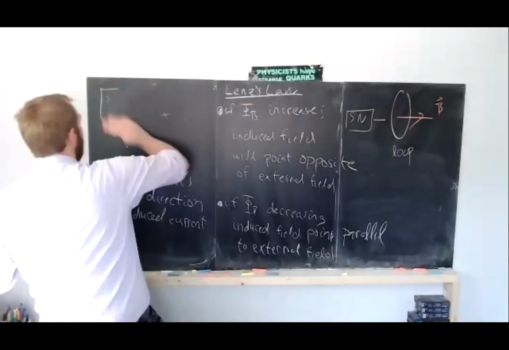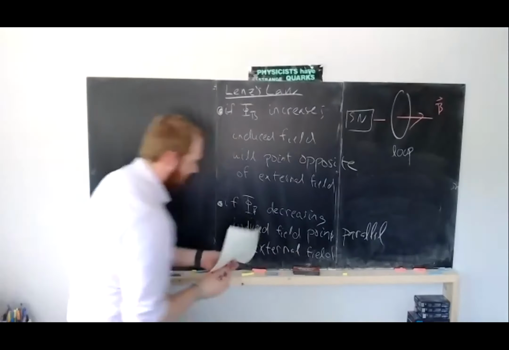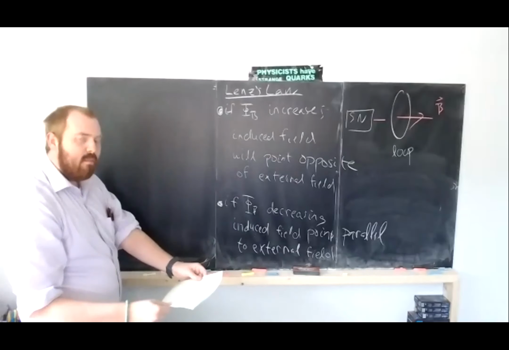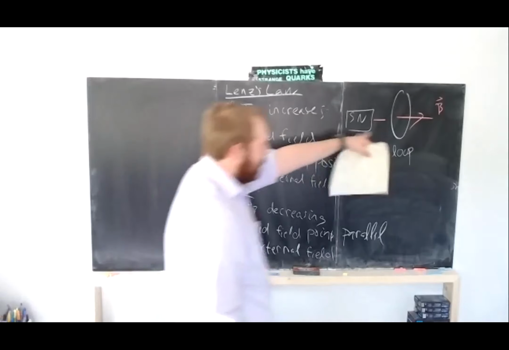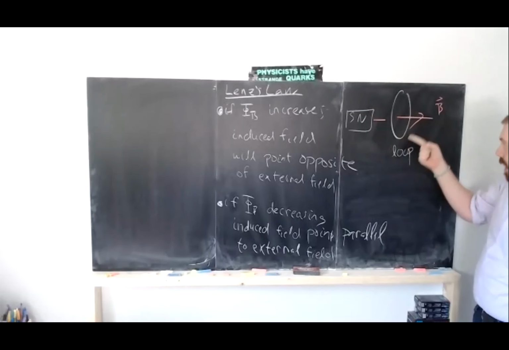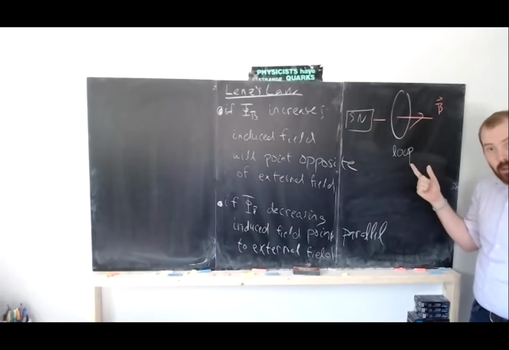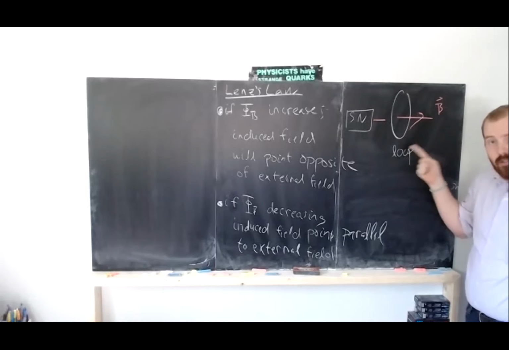So, what do I mean by the induced field? Remember, go back to this guy. This magnet moves. That creates a EMF, a voltage on this loop. If there's a voltage on this loop, then there's a current induced in this loop.